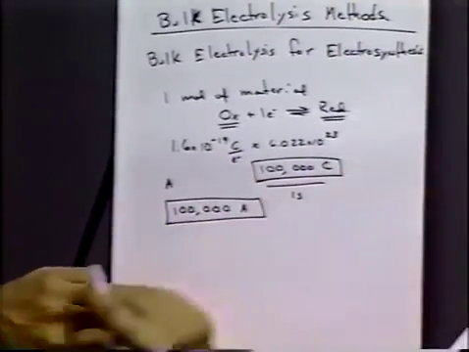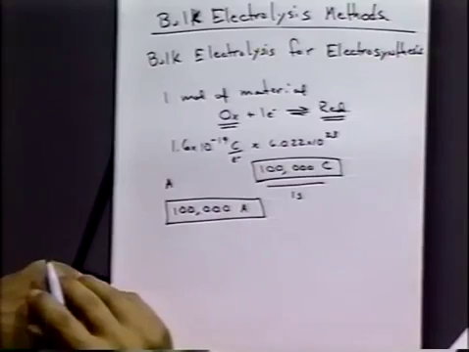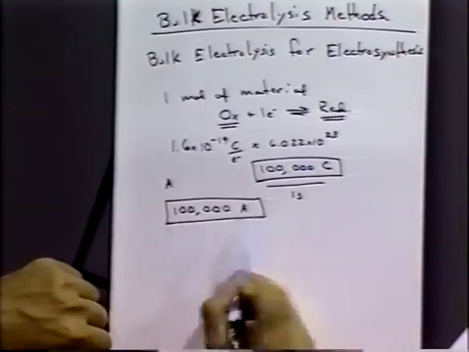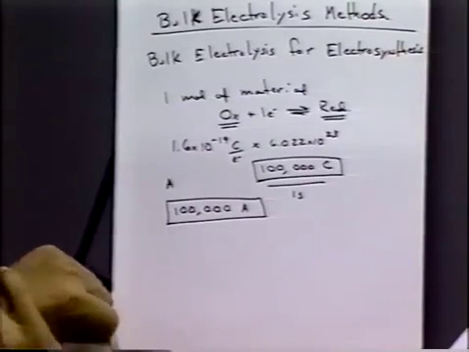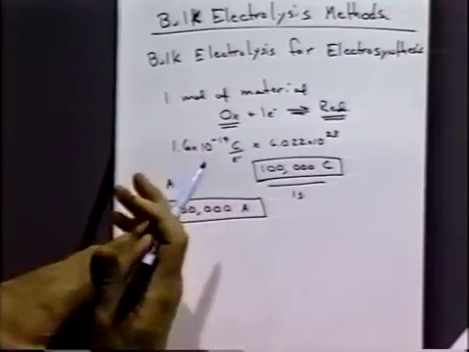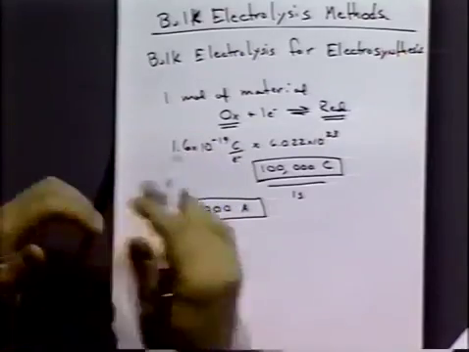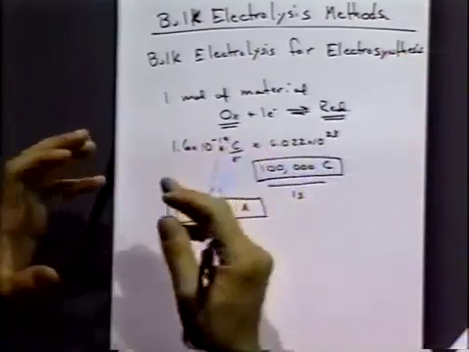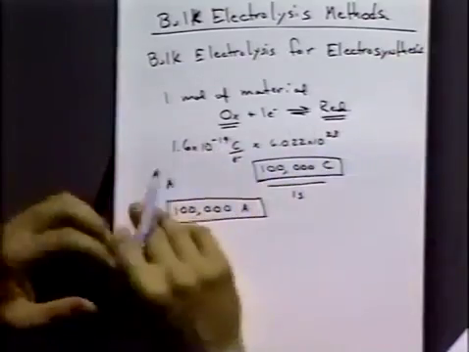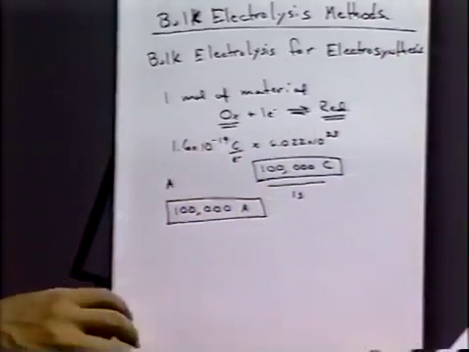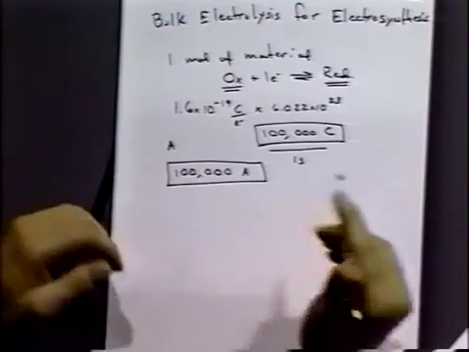Well, let's consider the other problem. If we had to pass 100,000 amps of current through our cell, we have to worry about the resistance of our cell setup. Even at 100,000 amps, we have to worry about the resistance of the wires connecting the cells together and things like that, not just the cell resistance.